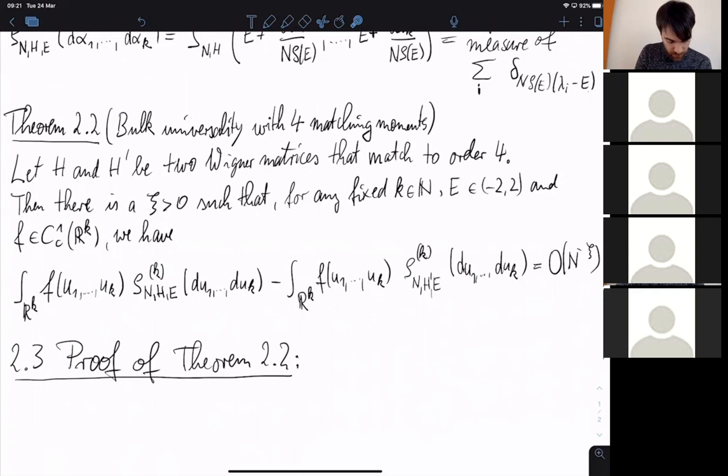There is a xi positive such that for any fixed k, E and function f, we have the following.